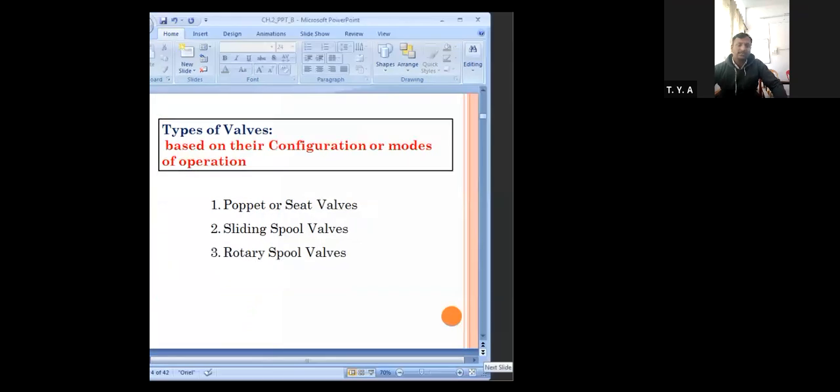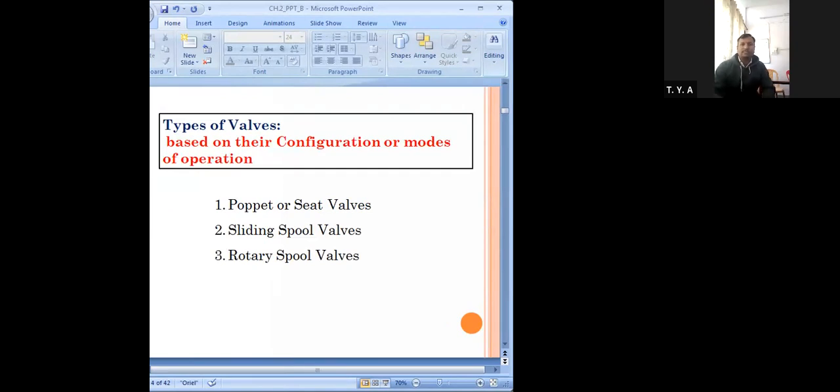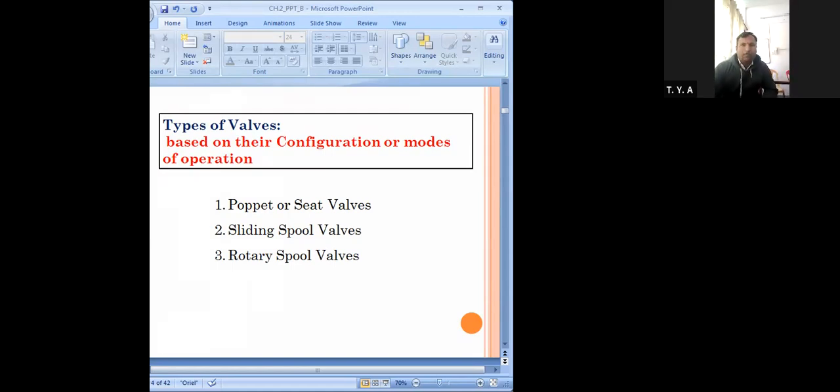Then further, these fluid control valves are classified again into three types based on their configuration or modes of operation.